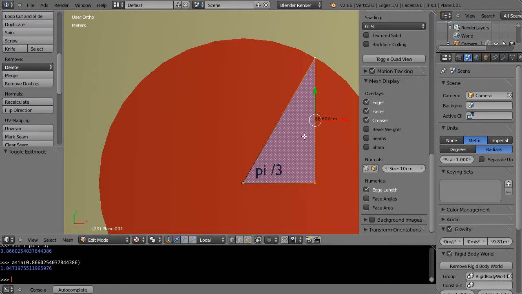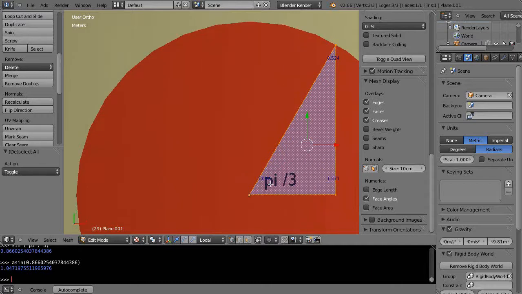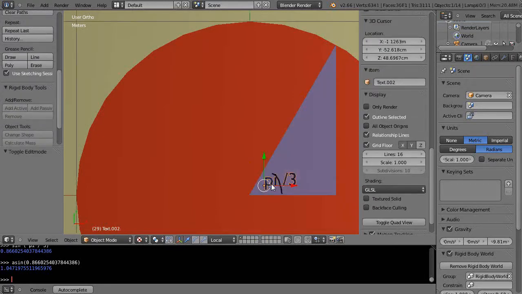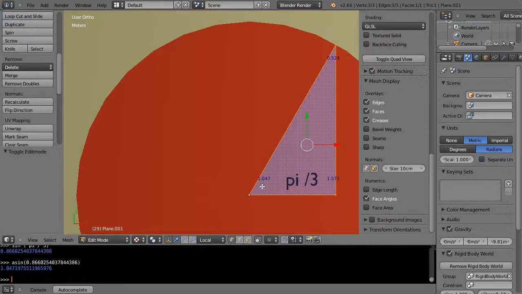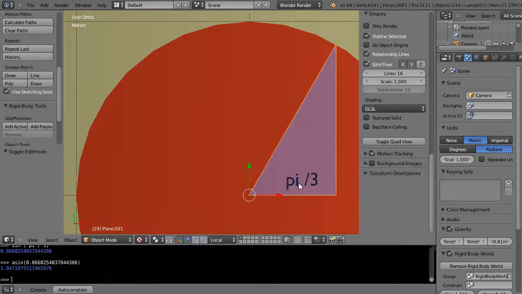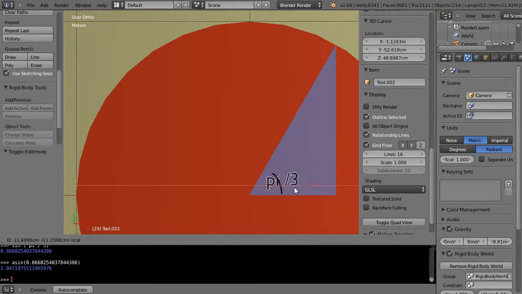Let's go look at the angle instead of the length. You can't see it; it's right underneath that, so I'll move this out of the way slightly. And there it is, 1.047 radians. In the same way we could take the cosine of pi over 3.